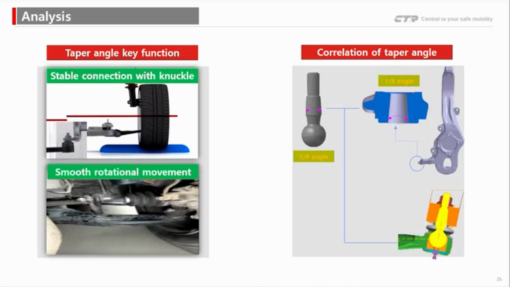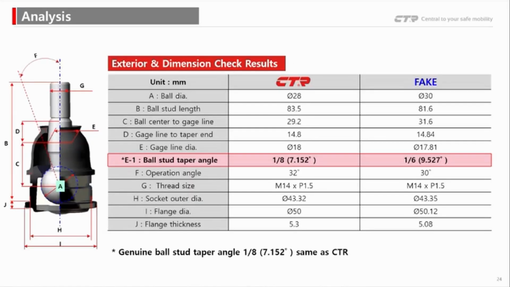But the most critical difference is the stud taper angle. CTR follows the standard 1.8 taper, which is 7.152 degrees. The fake part uses a 1.6 taper, or 9.527 degrees, which is not compatible with the genuine knuckle.